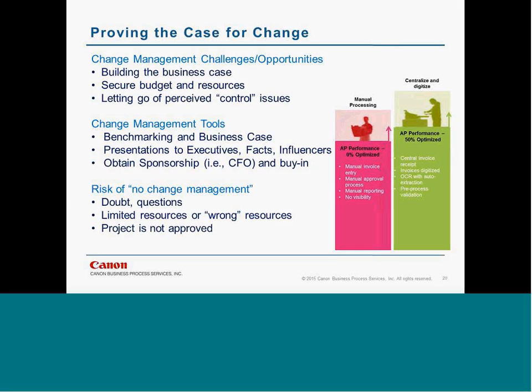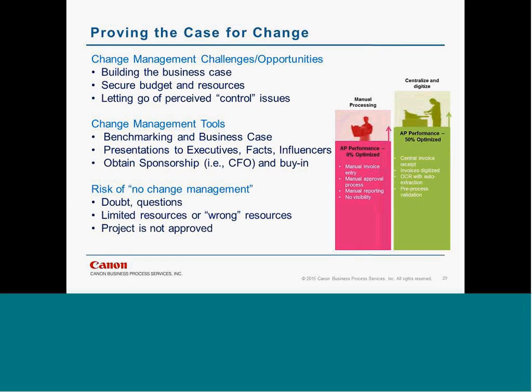So change management tools such as benchmarking and presenting facts that demonstrate a shift to automation can really remedy pain points for people and add value. These are ways that you can gain trust and eventually obtain executive sponsorship. That trust will help to address the concerns that people might have about making these changes, whether it be having centralized invoice receipt by an internal group or an external group.